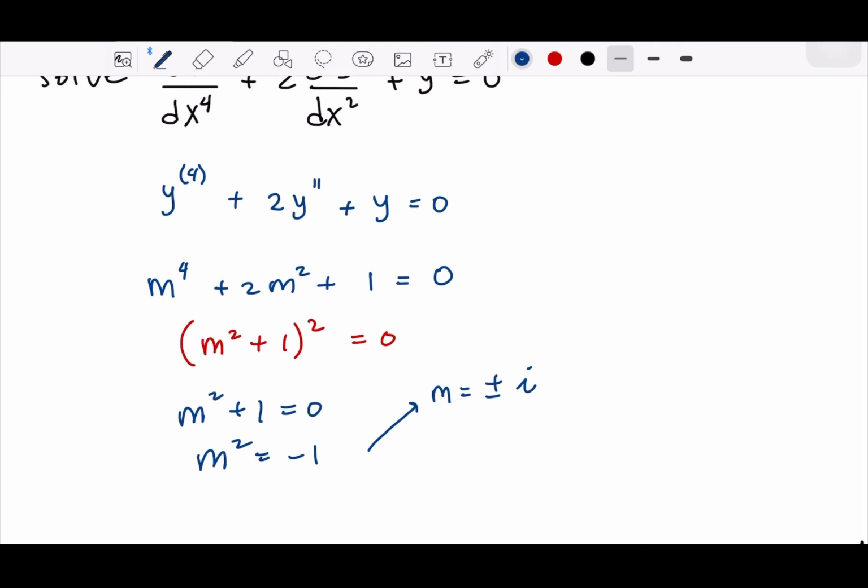So how many m's will we have? How many? 4, yes, 4, because we have the square. So because of the square, we have 4. So 2 of the m are imaginary numbers, and the other 2 are the negative part.